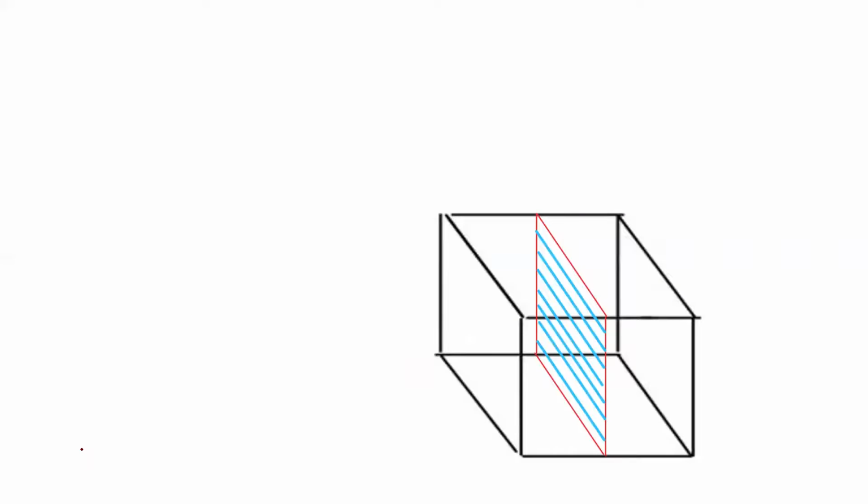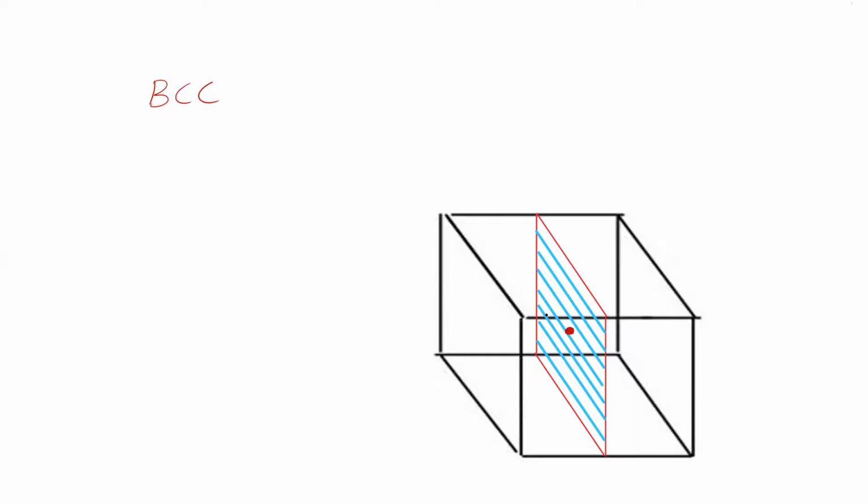Next, we will take this unit cell. It is coming under which case? Body centered cubic. Now we will give this plane. We took this plane in this cube, and in this plane the body centered atom is there.